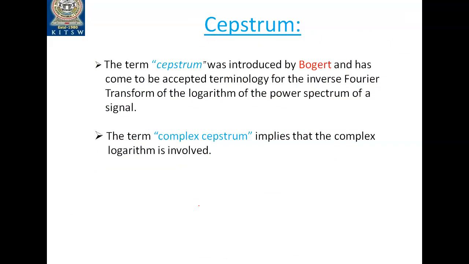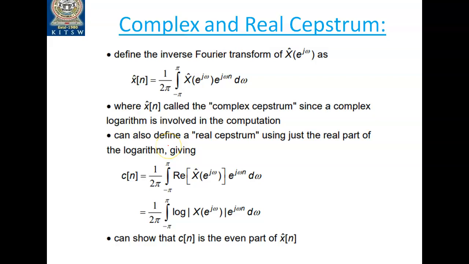The term cepstrum was introduced by Bogert, as we mentioned in the previous video. The complex cepstrum implies that a complex logarithm is involved. If the signal involves the complex logarithm, then we call it a complex cepstrum.